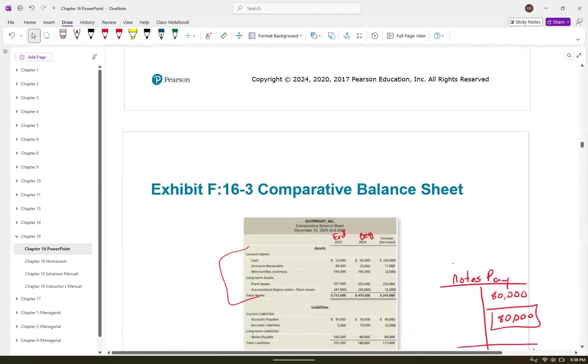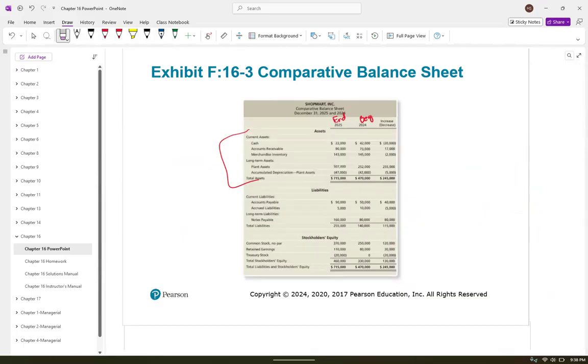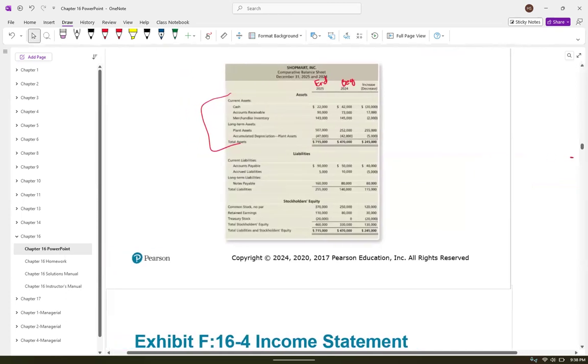We need to go a little bit further. Okay. All right. We're almost to the end. And the great thing is we're doing two learning objectives, but I'm kind of doing them together at the same time. Okay. So now we're going to look at common stock. Remember, that's also financing.